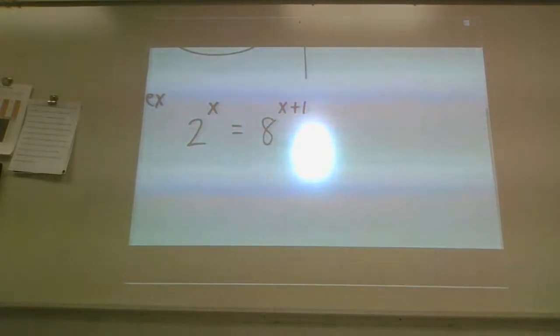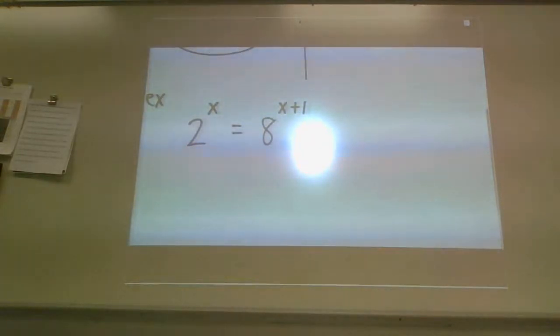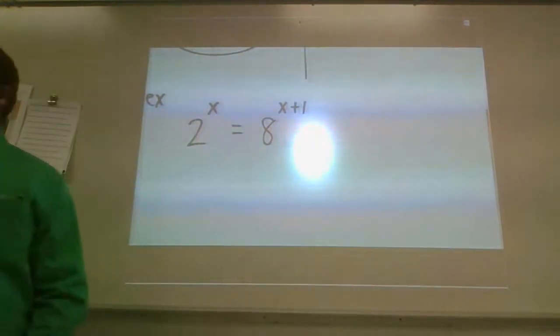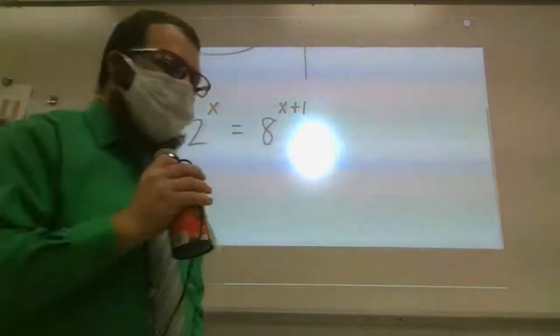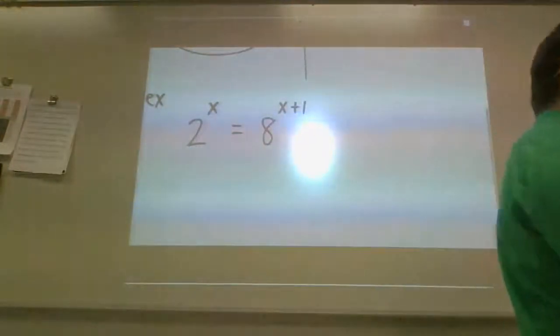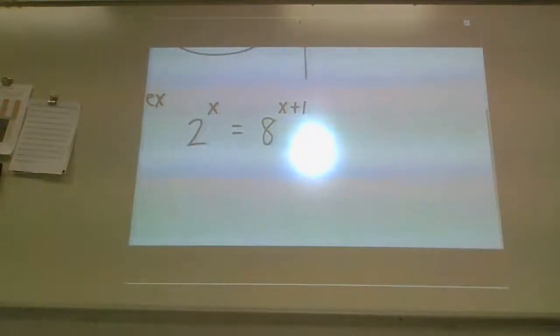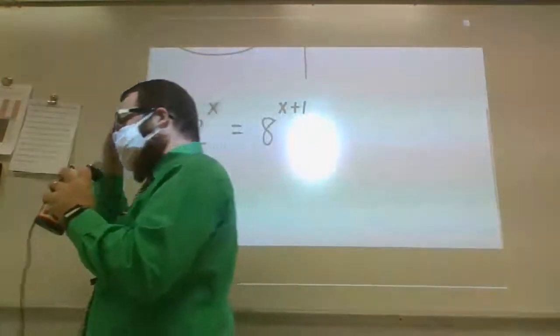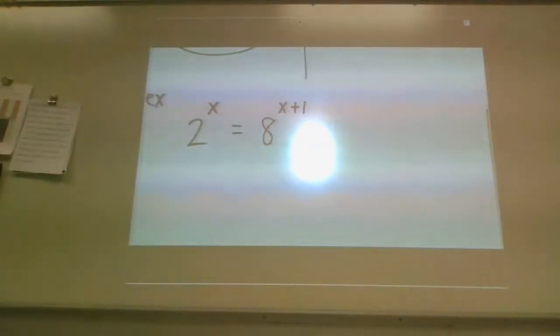This sucks. What do you know about the number 8? What do you know about the number 8? Is there a relationship between 2 and 8? Relationship between 2 and 8, something to do with exponents?